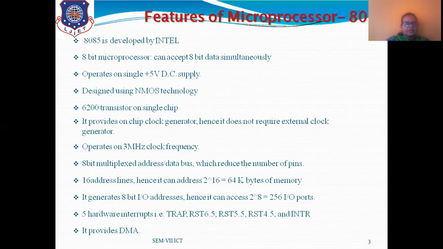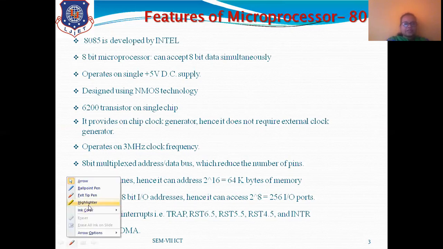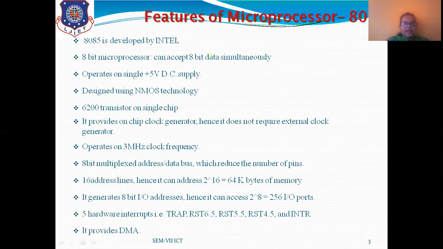As we have discussed in our introductory session, 8085 is an Intel second generation microprocessor, which is an 8-bit microprocessor. So the second feature is 8-bit microprocessor. 8-bit microprocessor means it can accept 8-bit data, or it can transmit 8-bit data simultaneously, right?